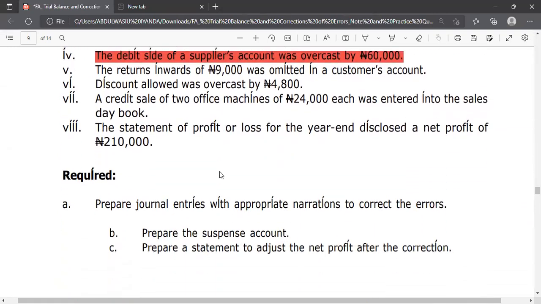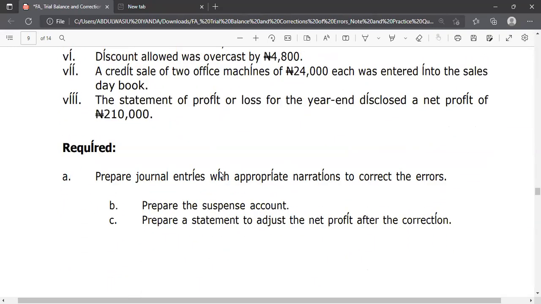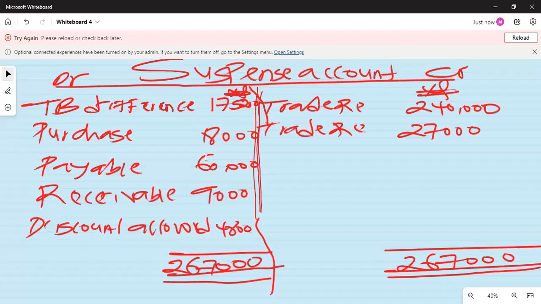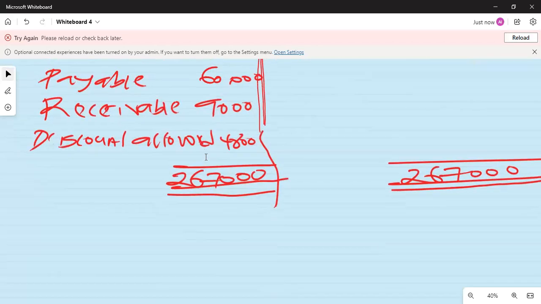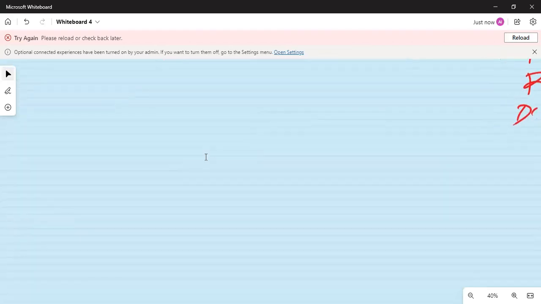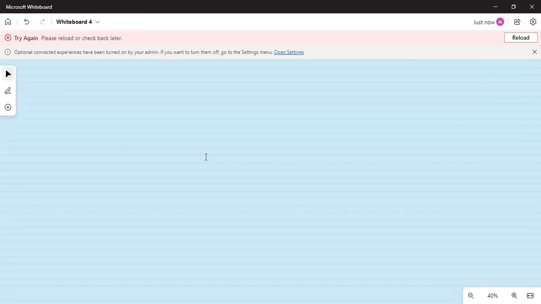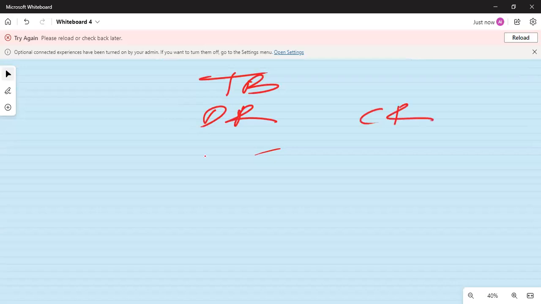Confirm. So the third requirement, they say prepare a statement to adjust the net profit. And I want to tell you something. There's a mnemonic when it has to do with preparation of this income statement. This is the trial balance, debit and credit.